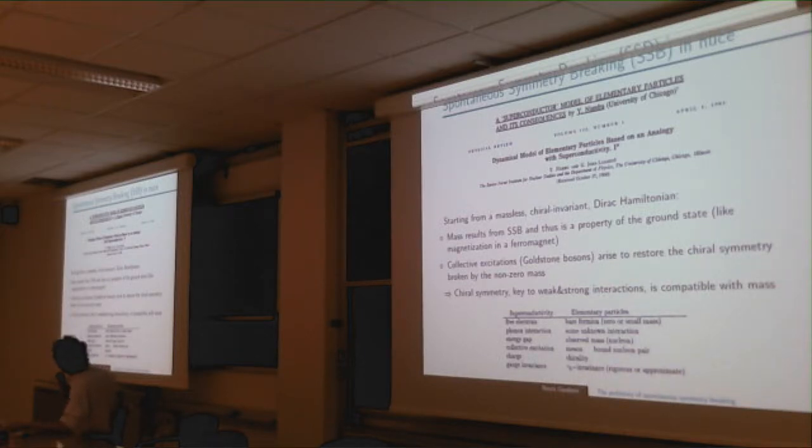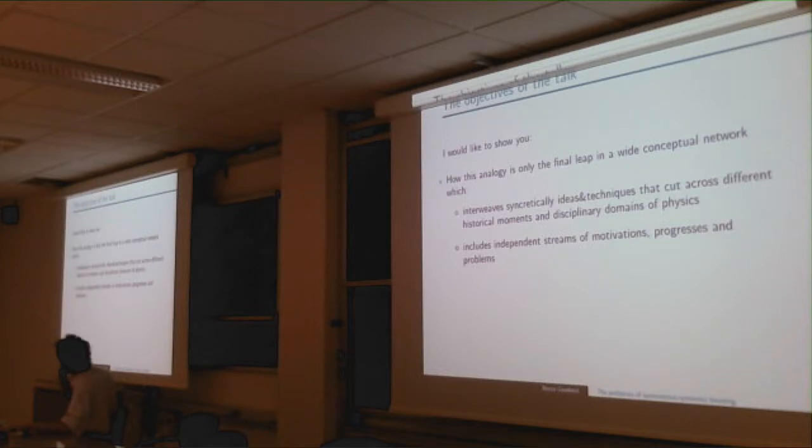I won't talk about this aspect of analogy, which is very interesting, but I would actually want to put the analogy in a wider context, and with that show you how this analogy is only the final leap in a wide conceptual network, which interweaves syncretically ideas and techniques that cut across different historical moments and disciplinary domains of physics, and includes independent streams of motivation, progress, and problems, so they sort of belong to different disciplines within physics.